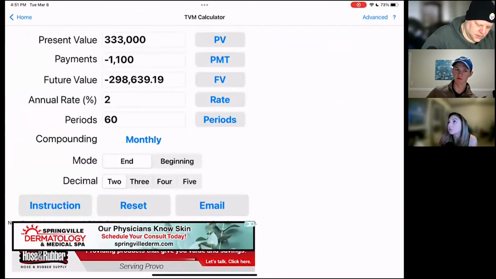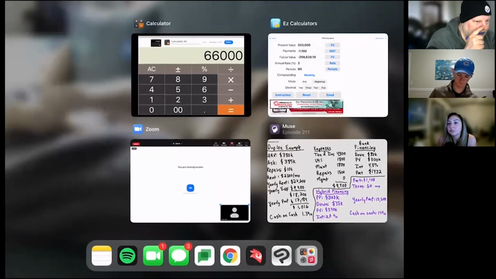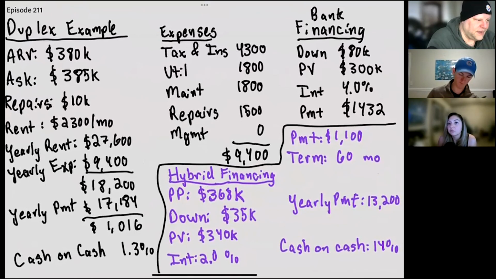The 298,639. So 1,100 times 60 plus 298,639 plus the 35 that we gave as a down payment. So they're making $399,639 for the property over 5 years. So they're over and above what they were asking.